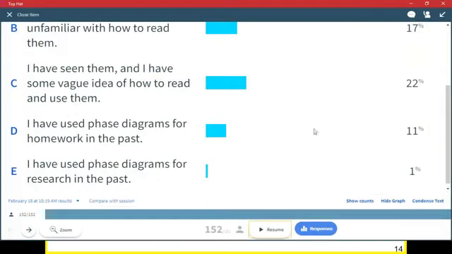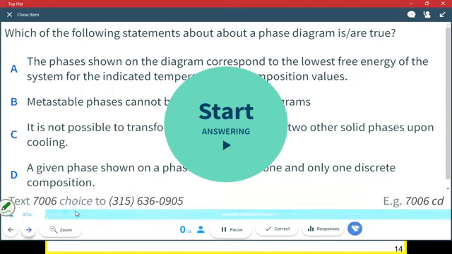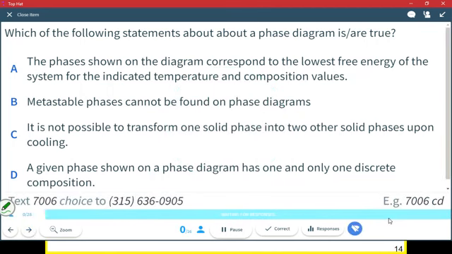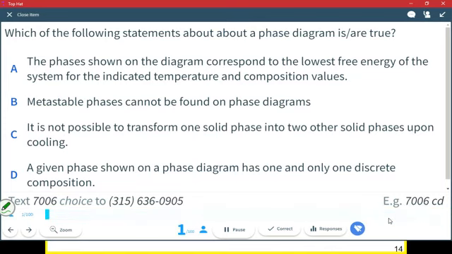One moment, let me switch over to Top Hat. So that means then, what can we say about a phase diagram that is true? Is it that the phases shown on the diagram correspond to the lowest free energy of the system for the indicated temperature and compositional values? Is it that metastable phases cannot be found on phase diagrams?